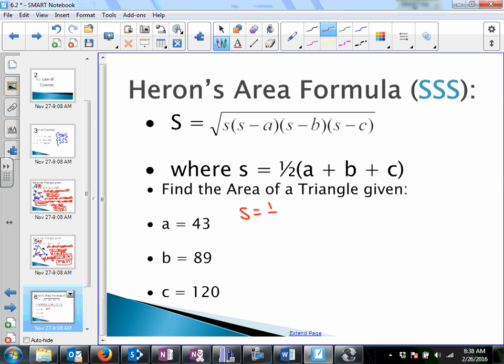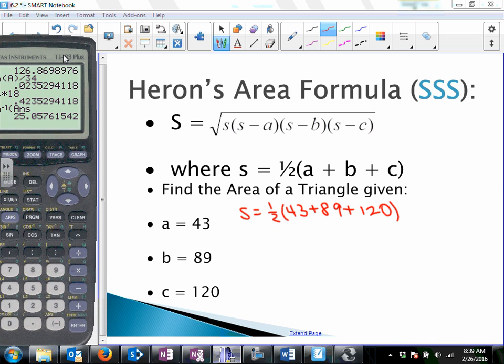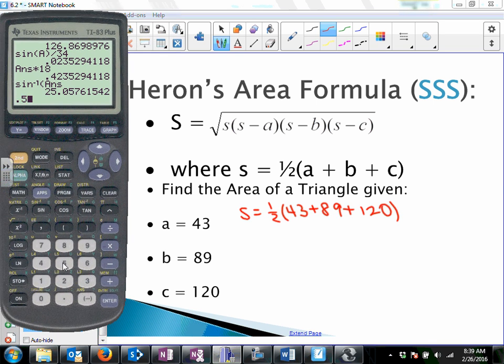We're going to take half of the sum of these three sides. So, little s is 126. Is that what you're getting?